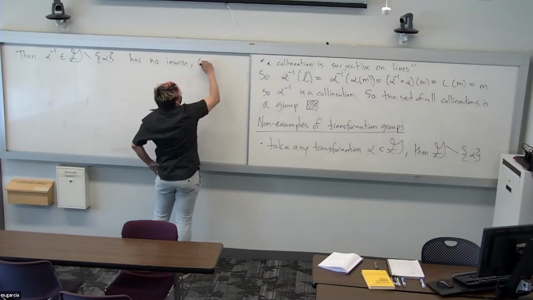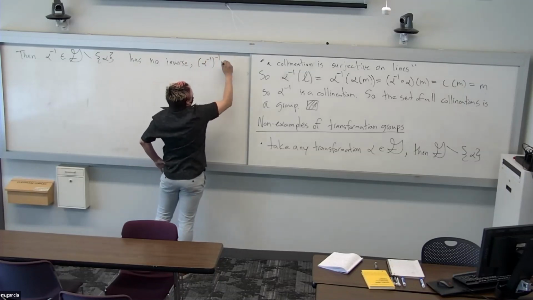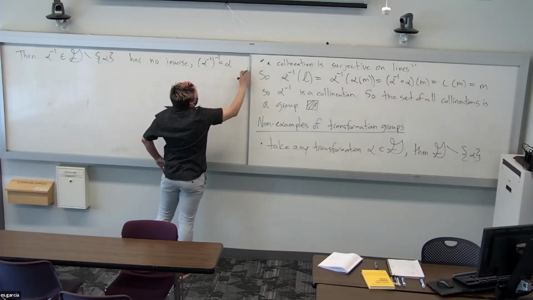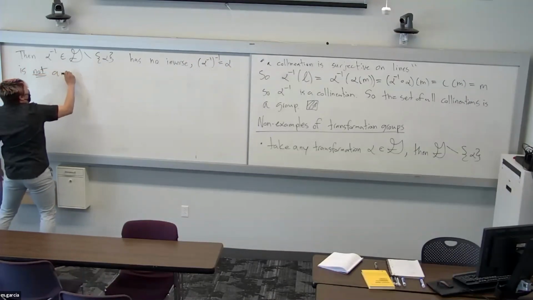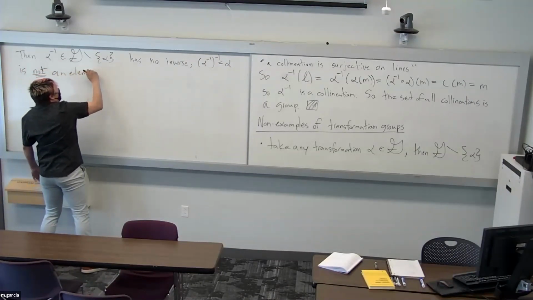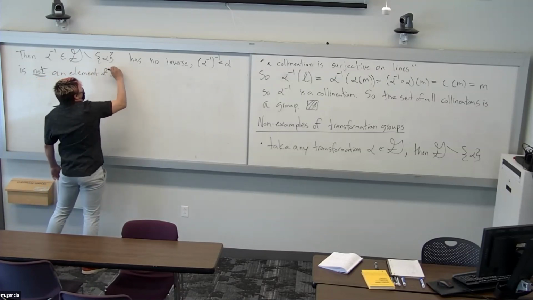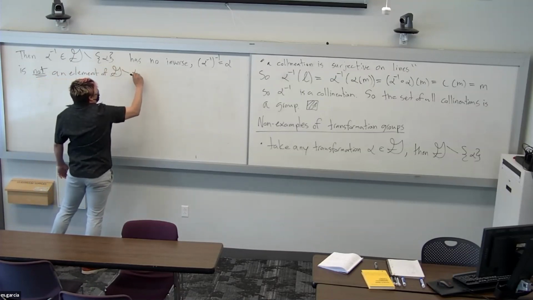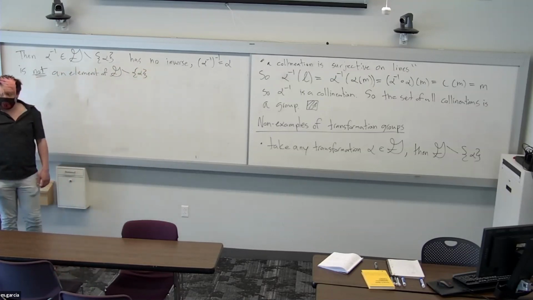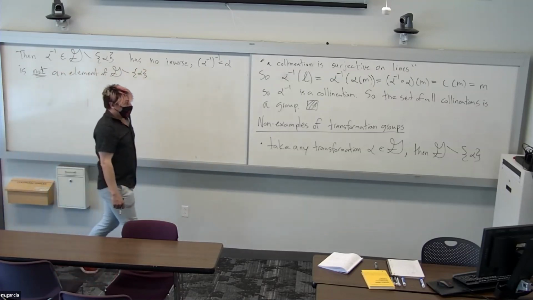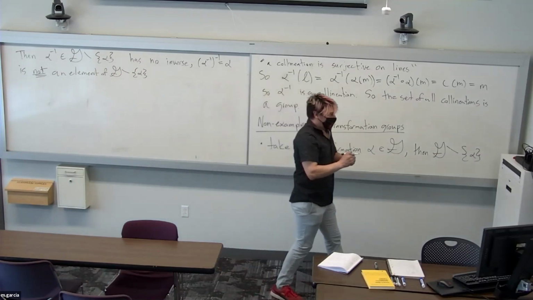That is to say, alpha inverse inverse equal to alpha is not an element of G minus alpha. Okay? Great. Somebody else tell me another example.